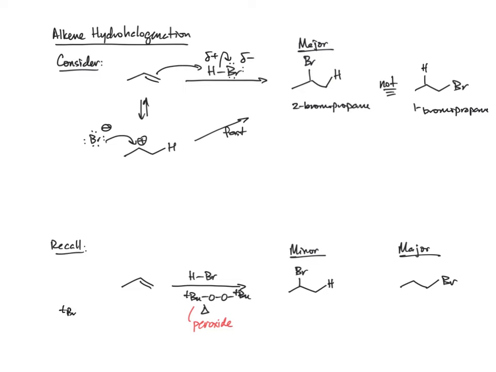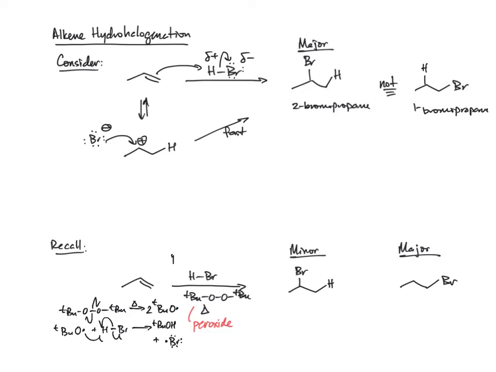So tert-butyl peroxide, in the presence of heat, forms two of those radicals. That generates the inert alcohol, tert-butanol, plus now your bromine radical.